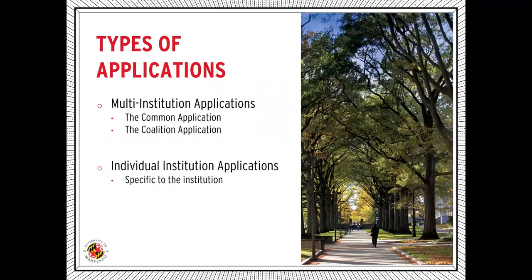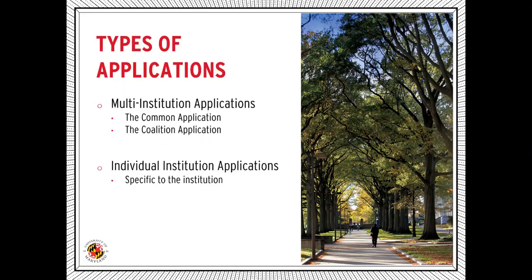So let's start with the type of application. There are multi-institutional applications and individual institution applications. There's a common application which has about 750 institutions that are a part of it, and it was founded to provide access to allow students to apply to multiple institutions with just one single application form. The Coalition is a newer application form with over 80 institutions on the platform, and it was founded on Access.